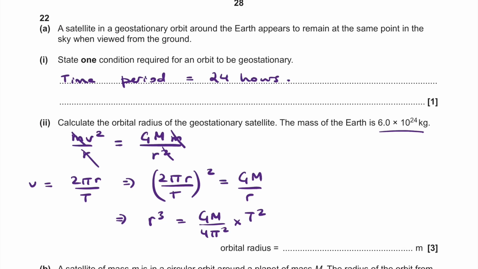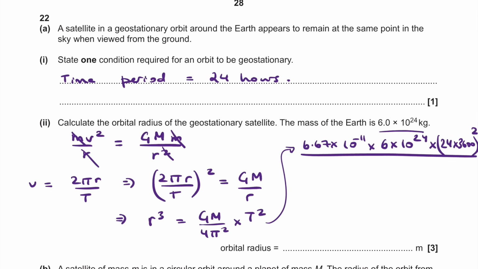which is Kepler's third law. And we just have to pop in the numbers, which are 6.67 times 10 to the minus 11 times the mass of the Earth, times the orbital time period converted into seconds, so times it by 3600, square that, all over 4 pi squared.